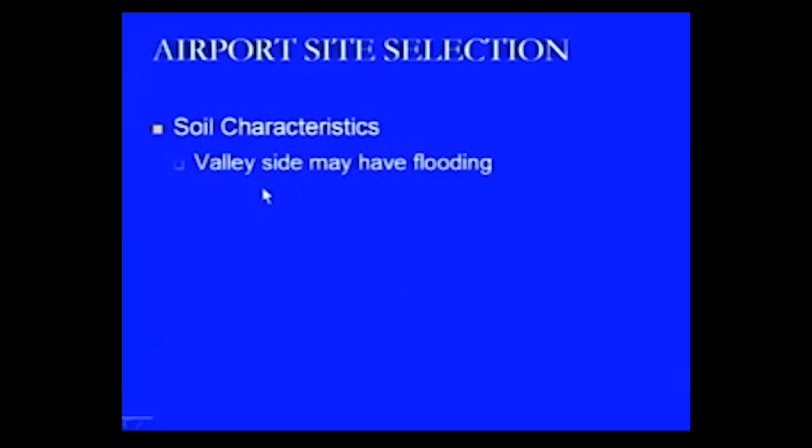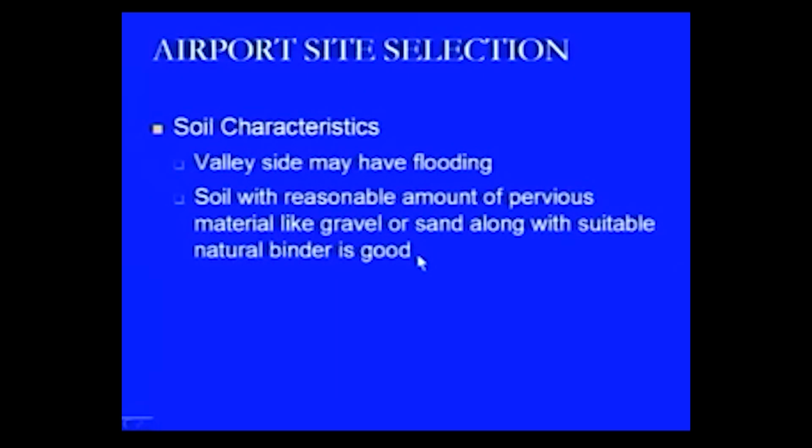Then the valley side may have more flooding, so it is better to omit those valley sides, otherwise the airport will always remain unoperational. A soil with a reasonable amount of pervious materials like gravel or sand along with a suitable natural binder is good, because there is better drainage in this case as compared to other types of materials.